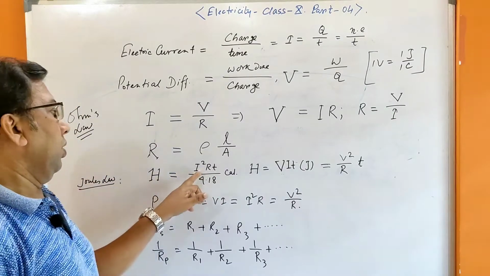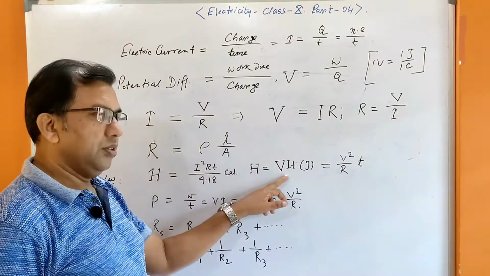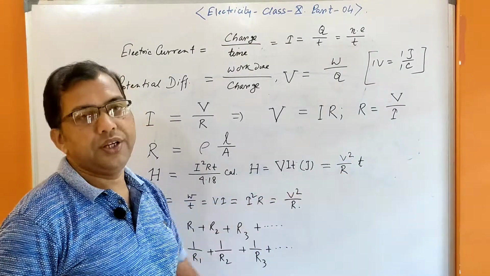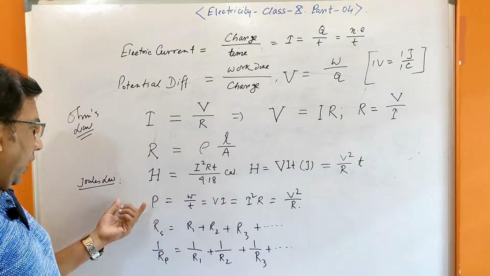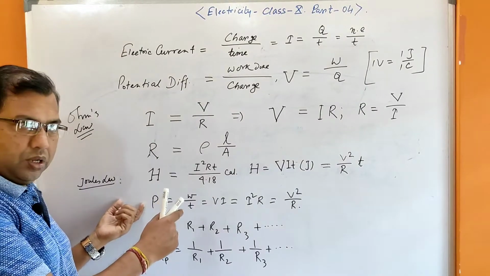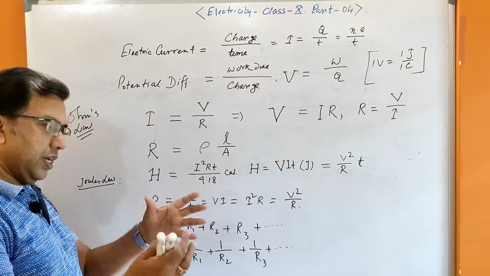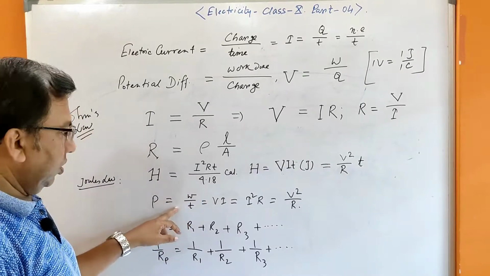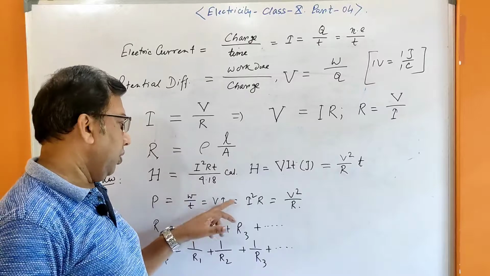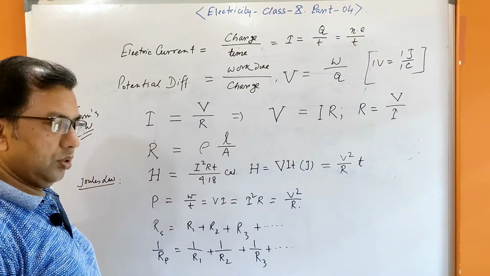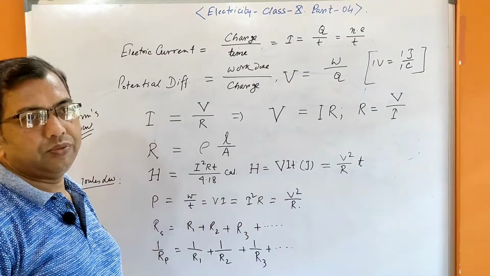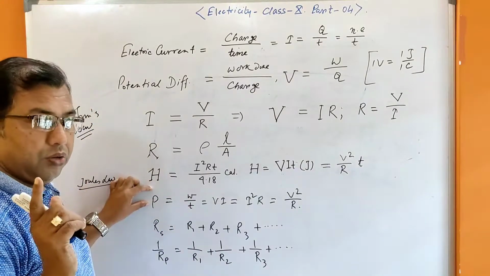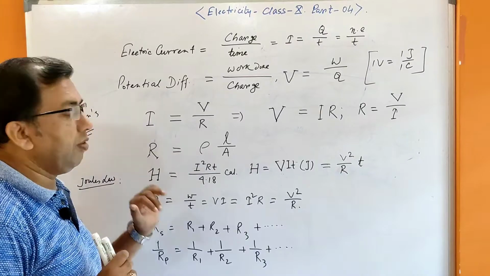Or H equals VIT, or H equals V square by R into T. And power, the electric energy consumed by the circuit per unit time, is W by T, which equals VI, or I square R, or V square by R. You have to remember which formula to apply.